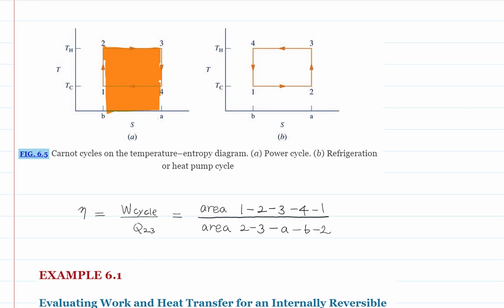If the cycle runs in a reverse direction, it becomes a refrigeration or heat pump cycle, and you can see the process in diagram B. This is a refrigeration or heat pump cycle.